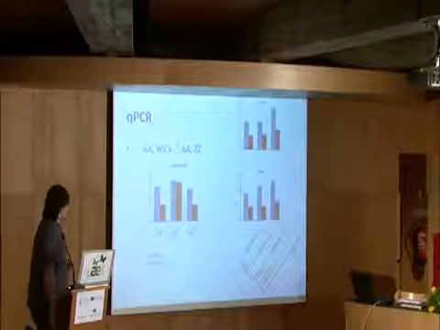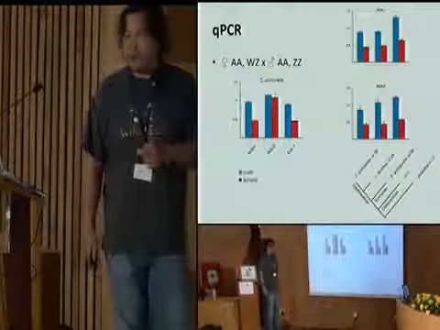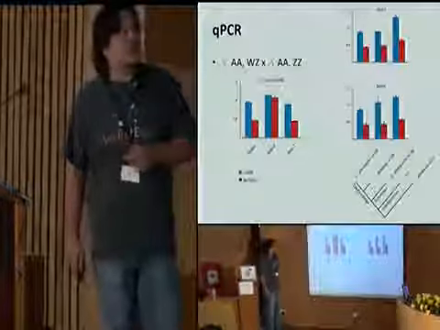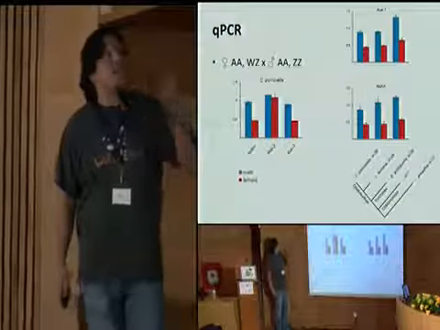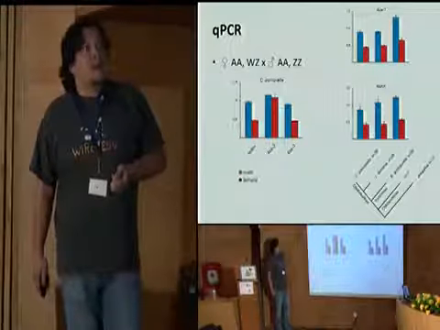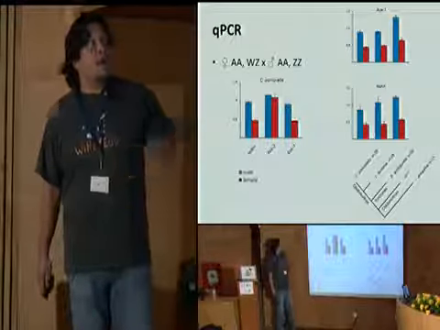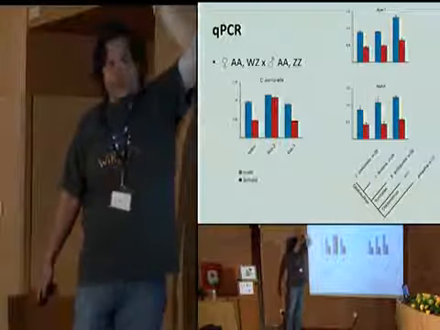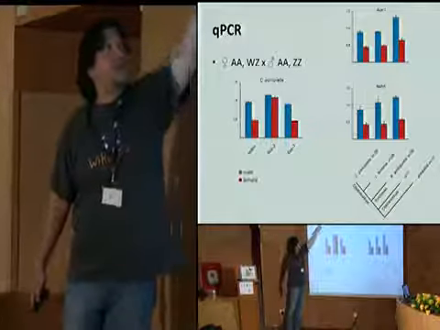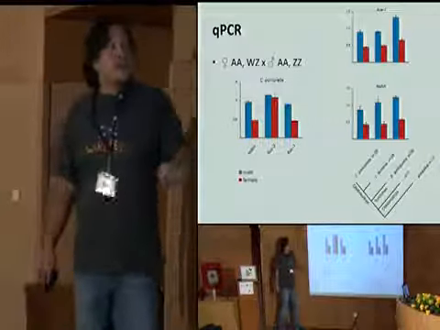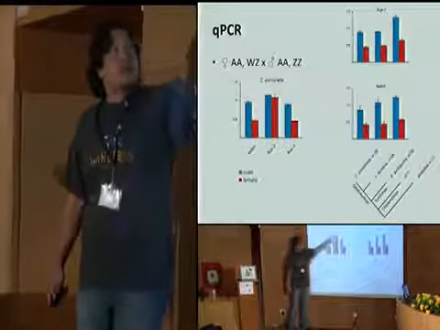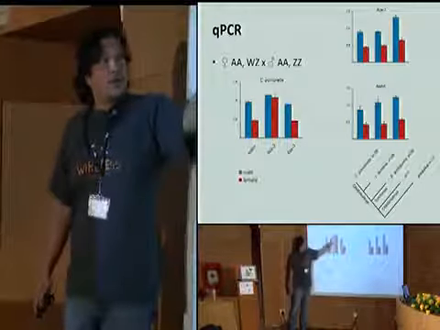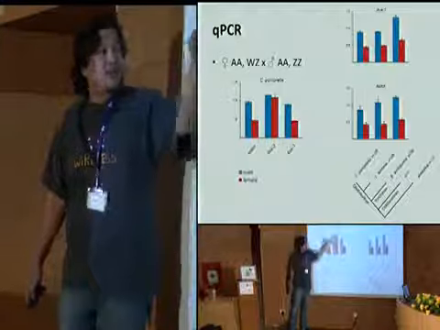And we were interested in the origin of this rearrangement. So we used quantitative PCR to determine the copy number of a Z-linked gene in relation to an autosomal reference. If the gene is autosomal, then the ratio between males and females should be 1:1.